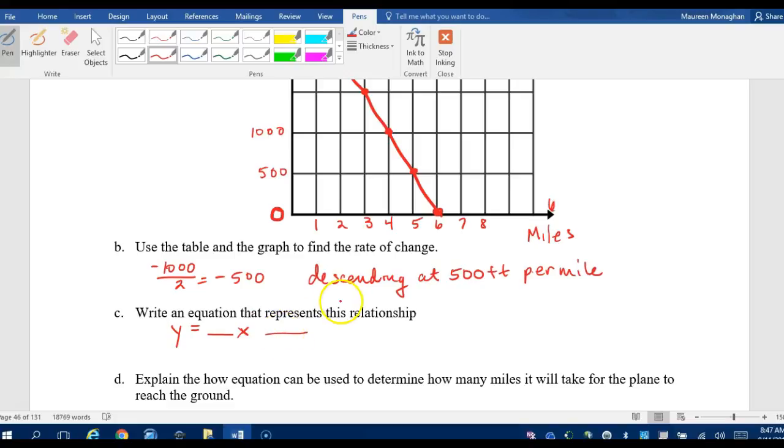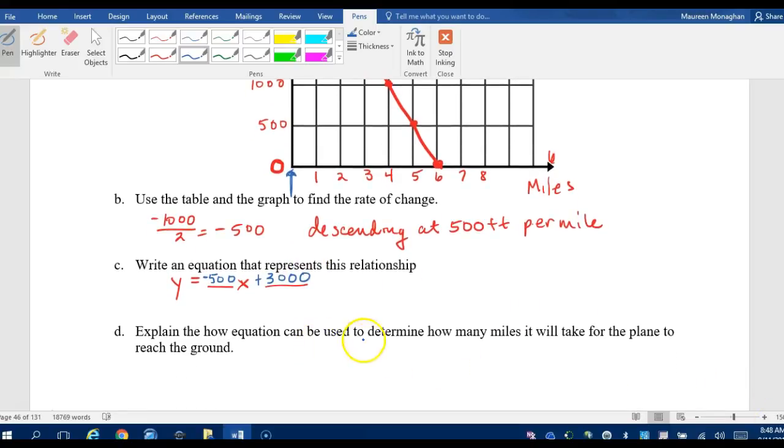So what is the rate of change? Well, we decided it was negative 500. So we put that in for our slope, and what is the point on the graph where it hits the y-axis, and that is at a positive 300. Kidding, 3,000.